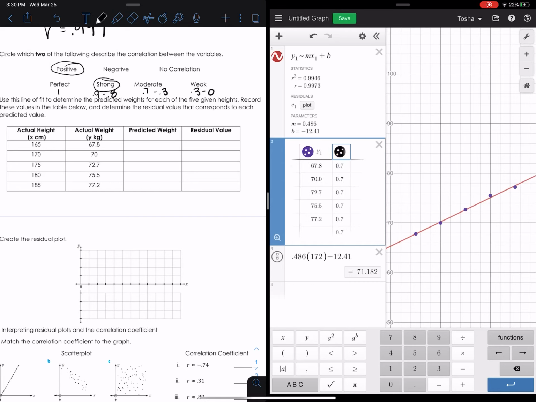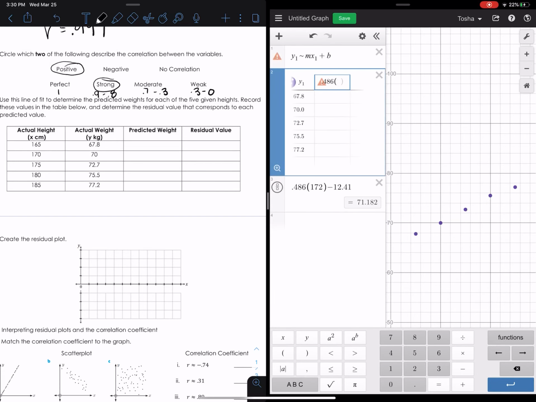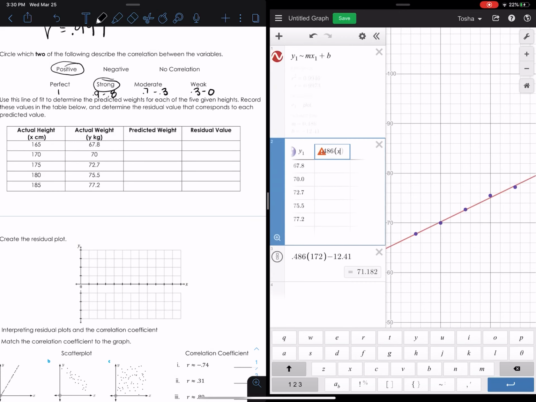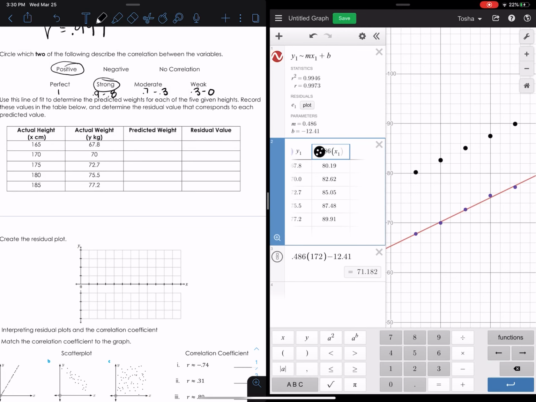So I'm going to type in 0.486 times x1, so that it takes the values from that first column. And you can see if we don't put in the b, those black points are way above the line. So that's not a good prediction. But if we type in the negative 12.41, it puts them right on that line.